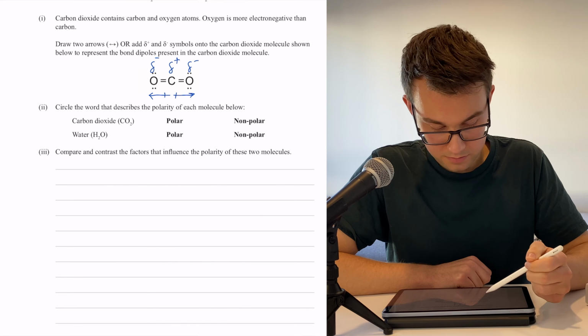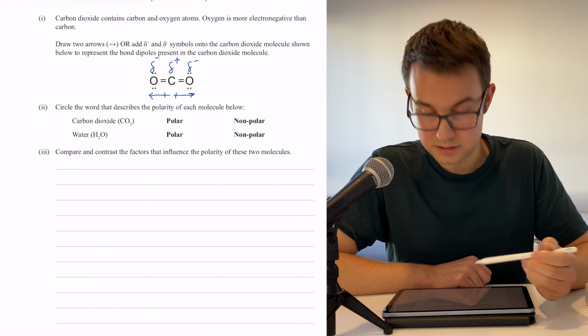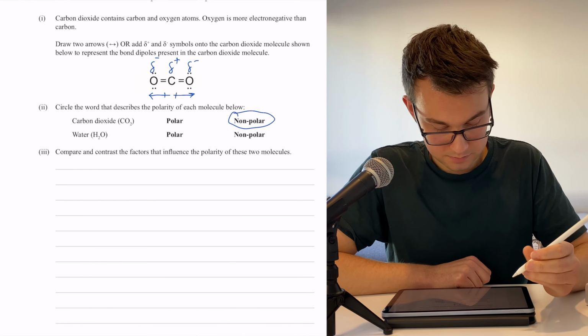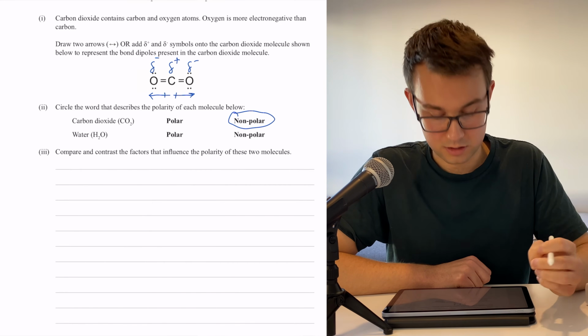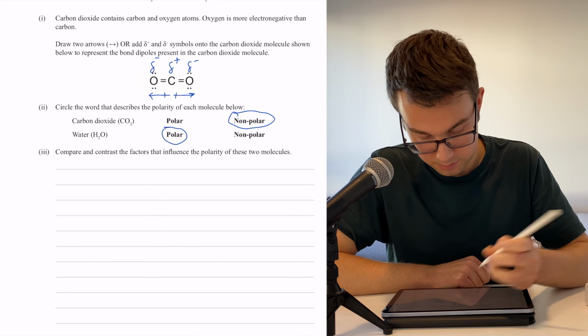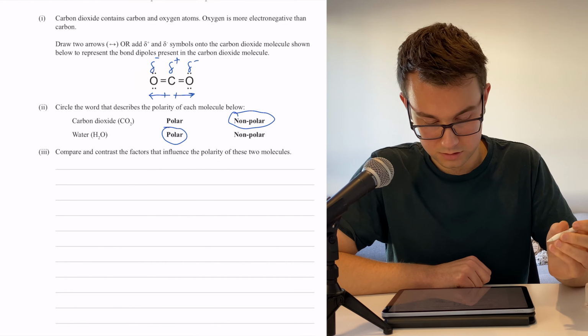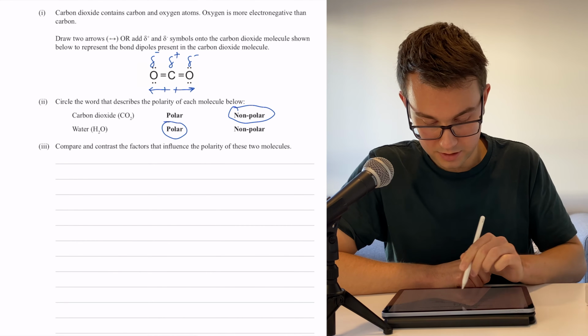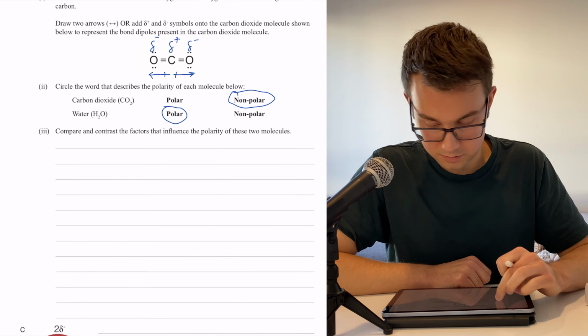So we know that carbon dioxide is non-polar. And then water, what is that? Well, that is polar. So now we can compare and contrast factors that influence the polarity of these two molecules.